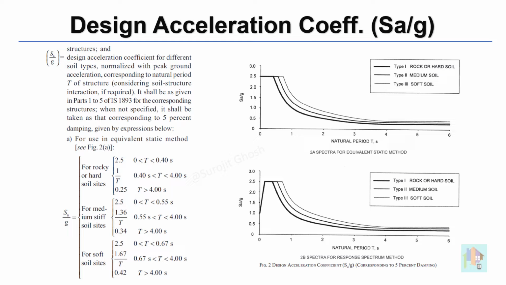If we look at figure 2 or the equations under clause 6.4.2, we can notice that Sa/g depends on the soil class and damping. By default, 5% damping is considered, and for any other damping ratio, Sa/g is multiplied with a factor. There is another input on the basis of which Sa/g is determined: the fundamental natural period of the structure.